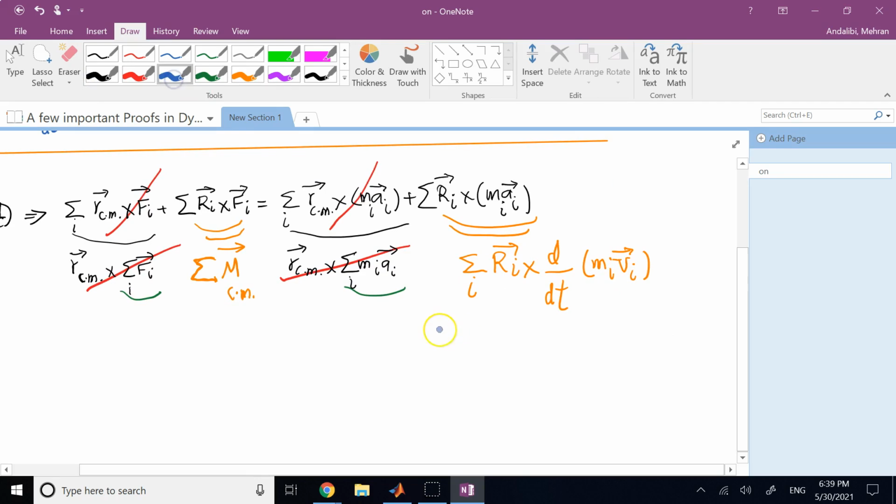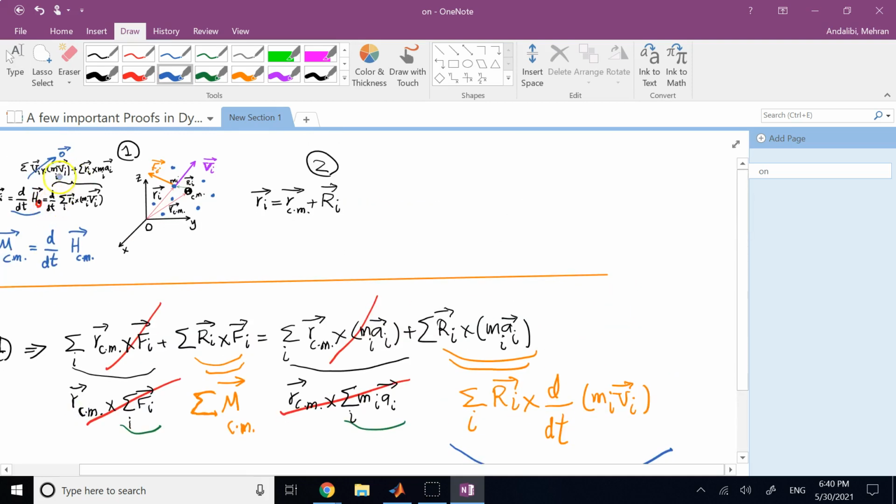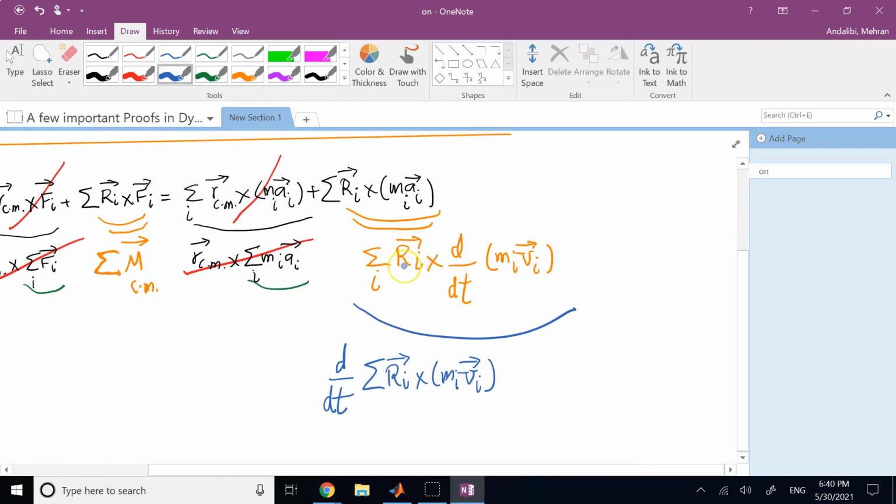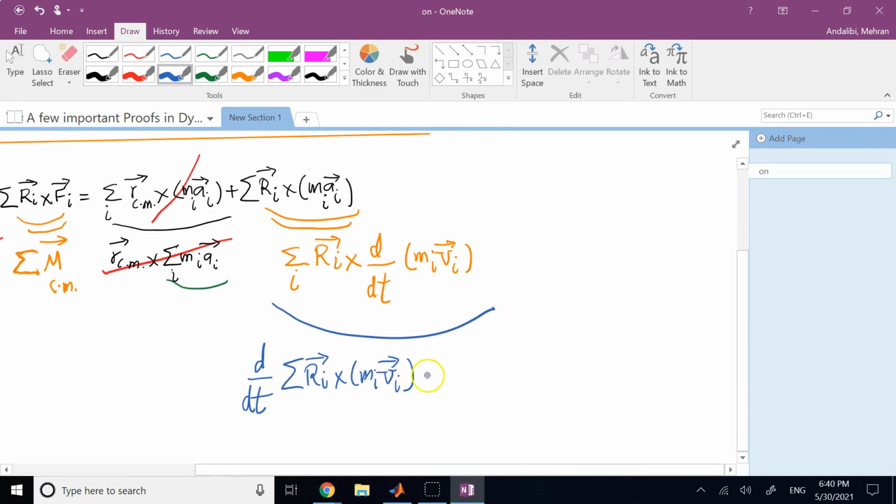So my question is this: whether this guy is equal to time derivative of summation of Ri cross MiVi. Can I do that? Last time I showed you that if I take the derivative inside, I can do it, but it was with small ri vector, not capital Ri. What about now? Okay, so here if I expand this time derivative, what do I get? Time goes inside the summation.